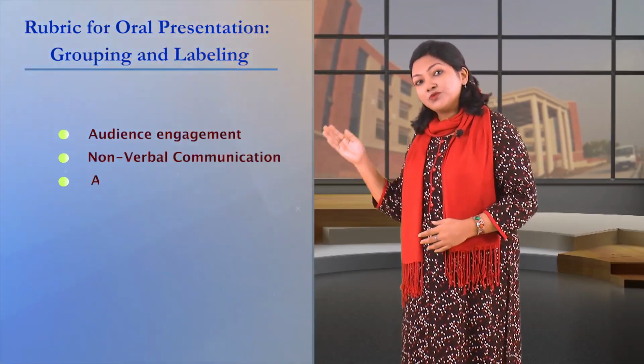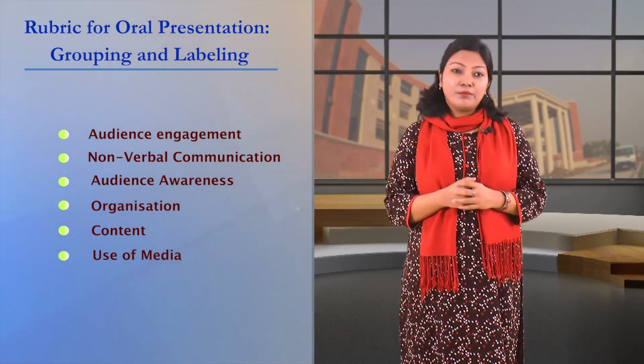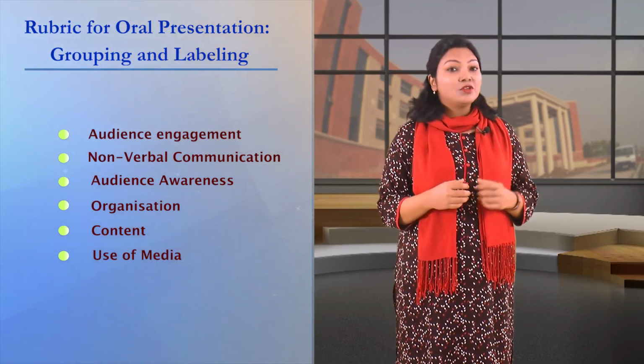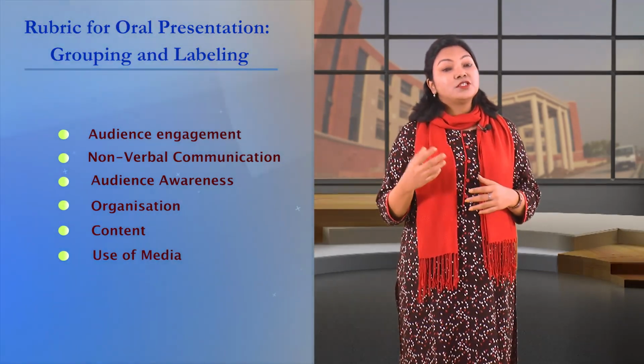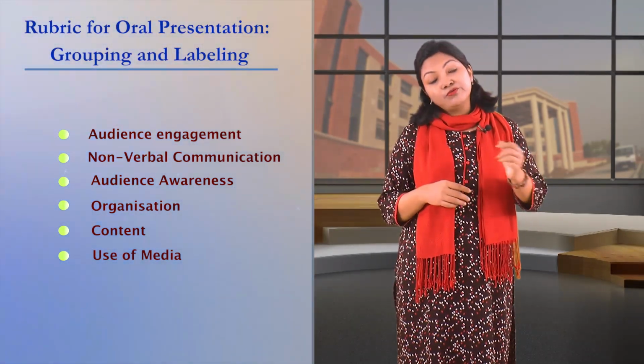In our case of rubric for oral presentation, we have distributed the highest levels of performance statements into 6 groups of similar tasks and labeled them as audience engagement, non-verbal communication, audience awareness, organization, content and use of media.